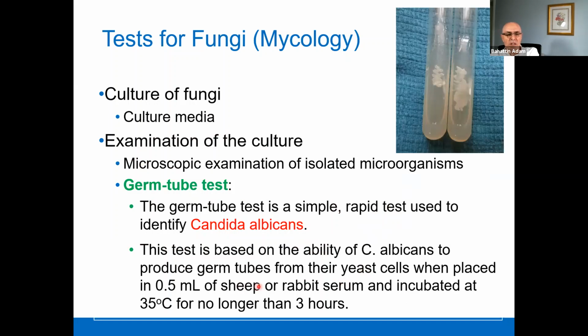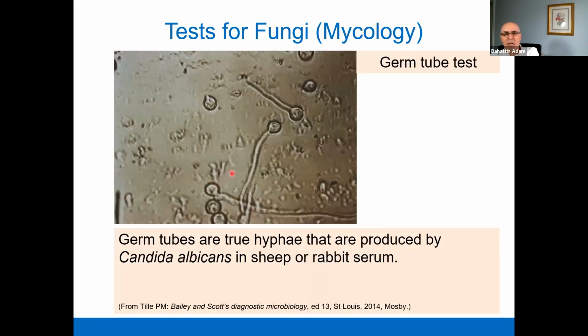As you see, Candida albicans grows faster at 35 degrees Celsius. How does it look? The germ tube test for Candida albicans in sheep or rabbit serum has a distinct appearance. If you see that, you will be able to identify it.